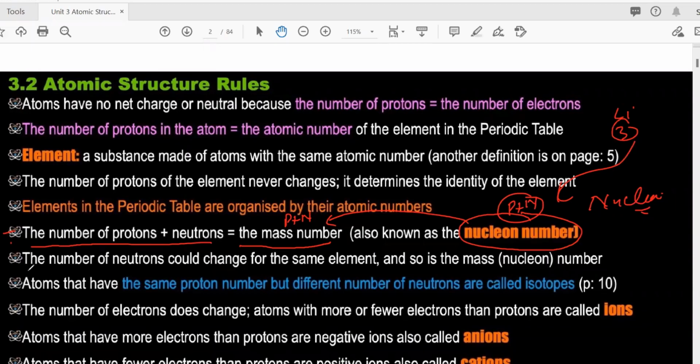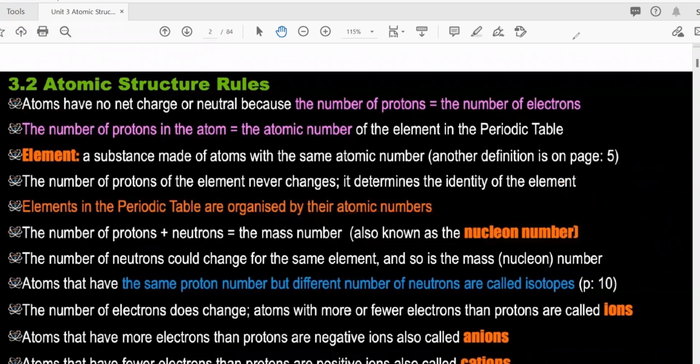Next, the number of neutrons could change for the same element, and so does the mass number, or nucleon number. So the proton number cannot change, but the mass number can change. How it can change, I will give you an example.